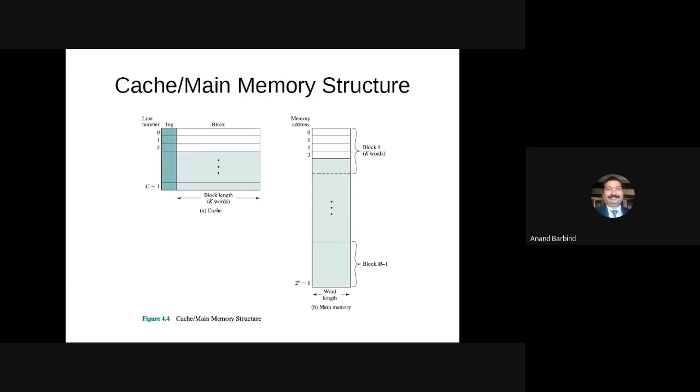So this is the implementation of the main memory using the static RAM. But there are other parameters. The first one is the cost, that is, the cost of the static RAM is more.